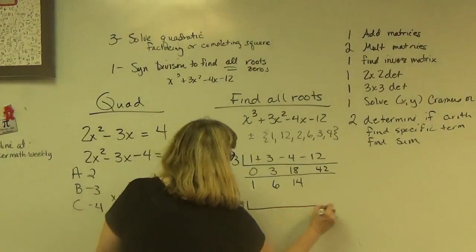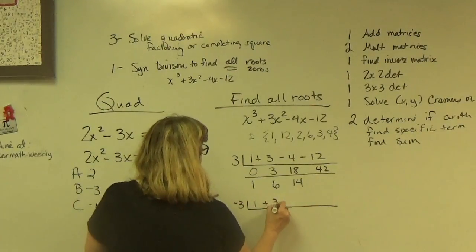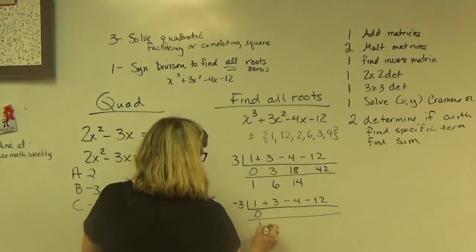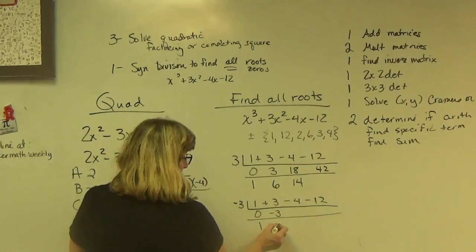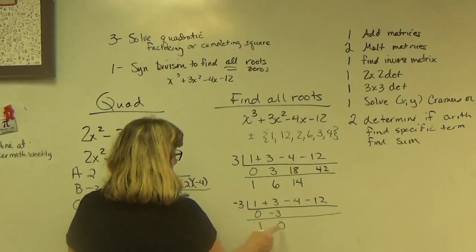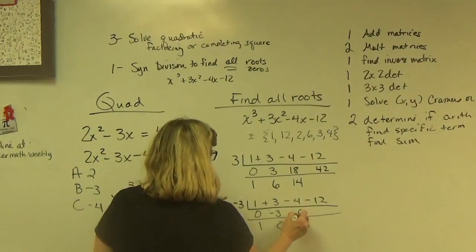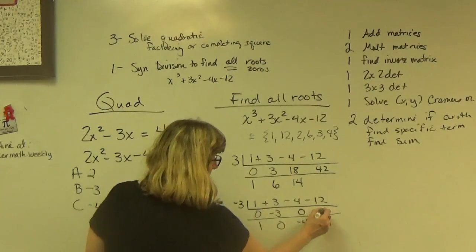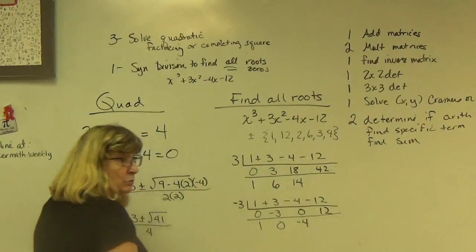Maybe. Let's try it, since that way I can eliminate them. So it'd be 1 times negative 3 is negative 3, add, 0. What's negative 3 times 0? Add negative 4. Times negative 3 is 12, and what did we just find?